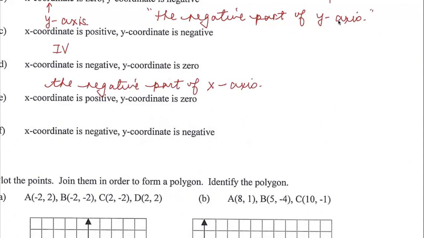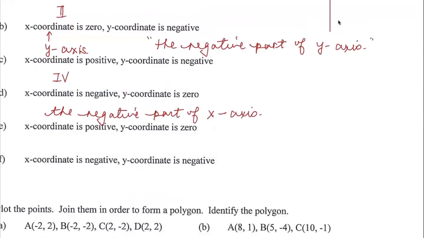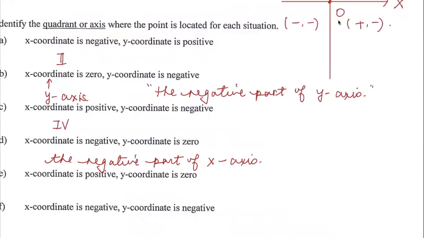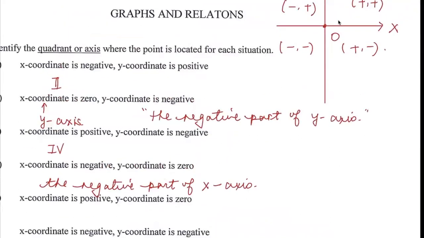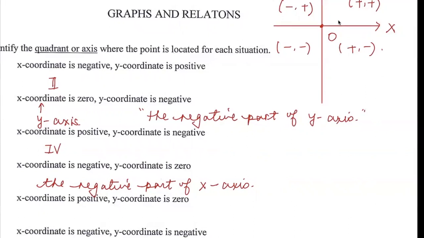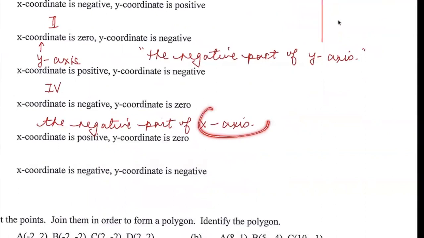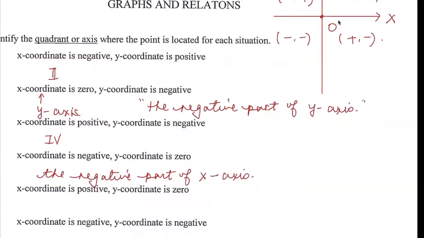E, x coordinate is positive, y coordinate is 0. Again, x coordinate is positive, y coordinate is 0. When we look at y coordinate is 0, we're looking at what? X-axis again, right? Because only on the x-axis do all the points have 0 y coordinates.